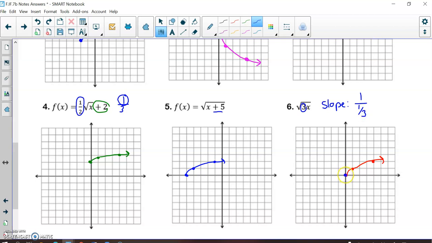So my 0 point does not move, but I want to go up 1 and over 1/3 to get to my next point here.